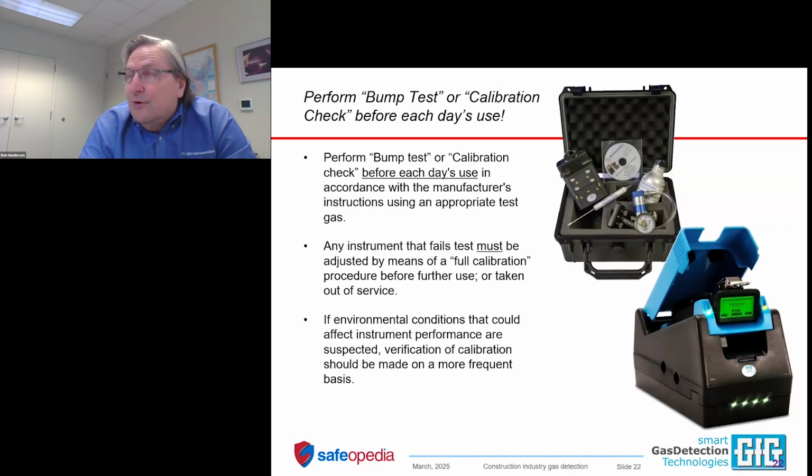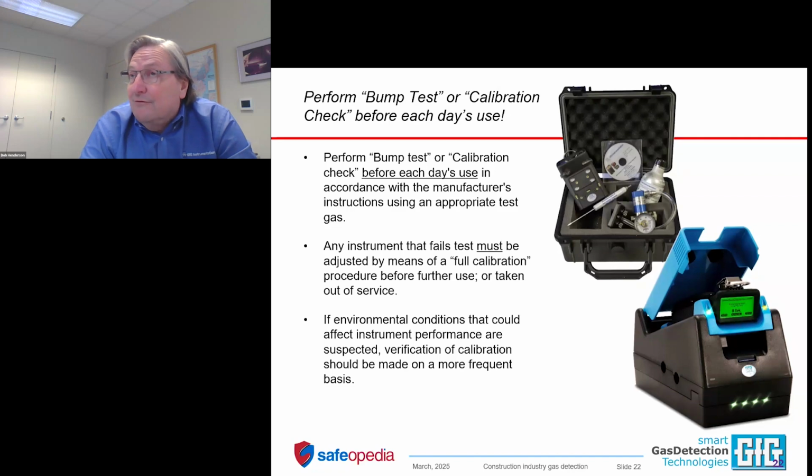Now, there are 3 levels of ensuring that your instrument on a day when you need to use the instrument is fit for use. The first way is to perform a bump test. A bump test is qualitative. All you're doing in a bump test is flowing test gas over the sensors and seeing if the alarms are activated.